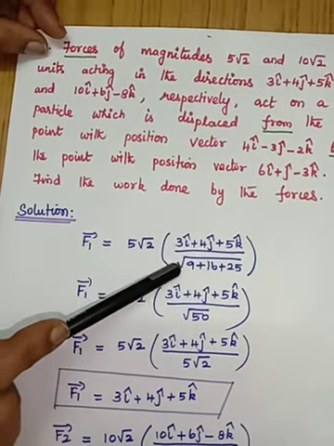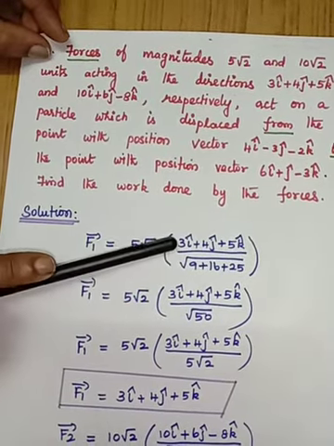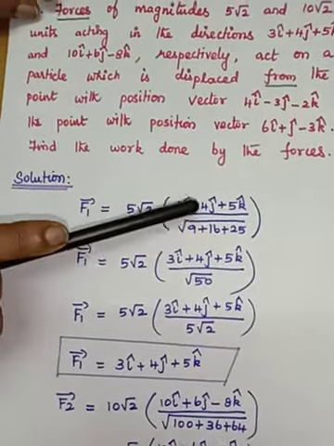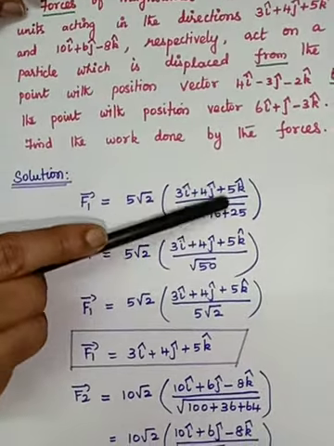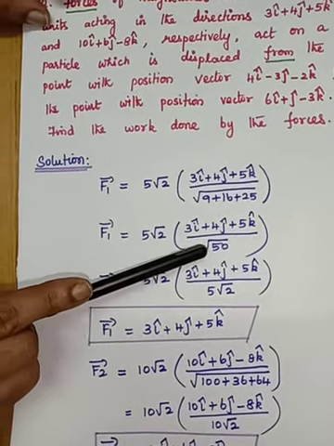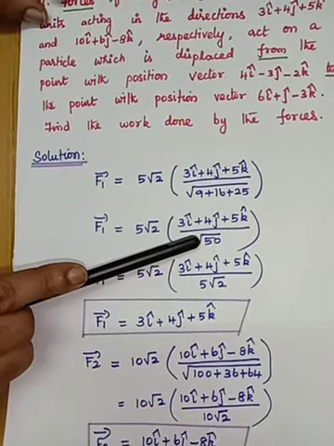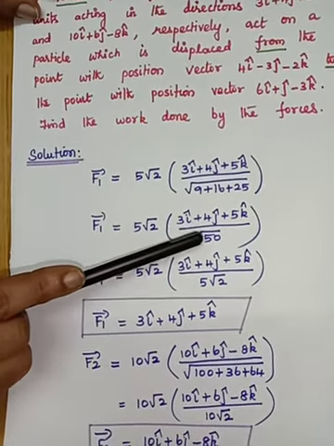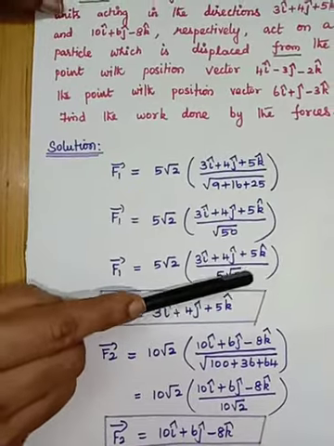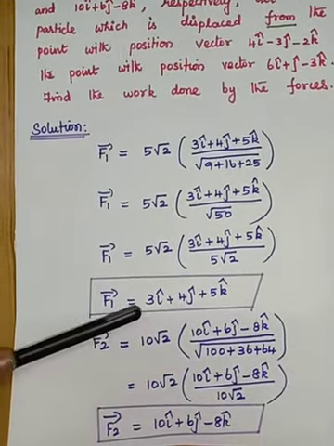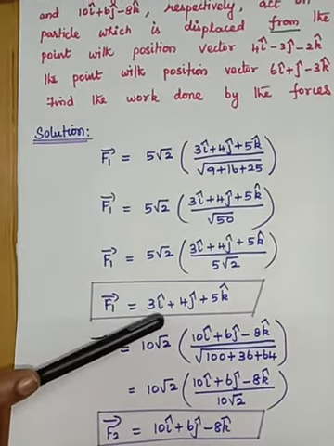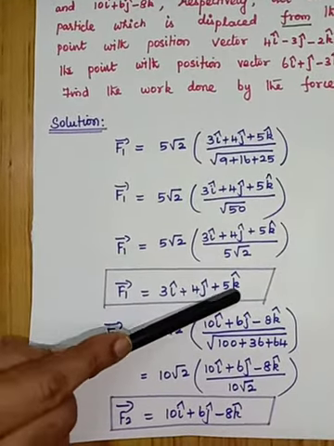It is the square root of 3 squared, that is 9, plus 4 squared, 16, plus 5 squared, 25. So in the denominator you have root 50. Root 50 can be written as the square root of 25 into 2, and the square root of 25 is 5, so 5 root 2. Both get cancelled. The first force vector is 3i cap plus 4j cap plus 5k cap.